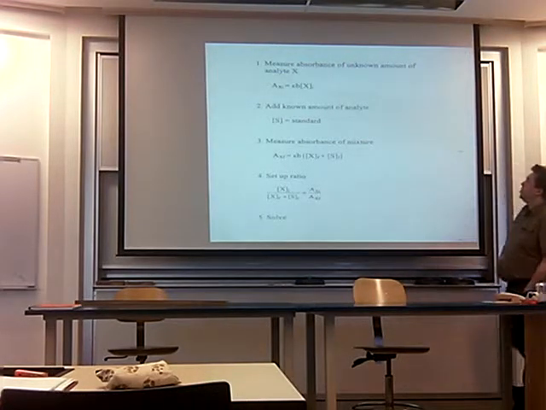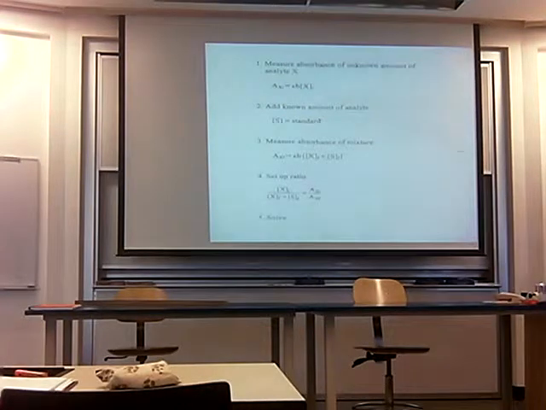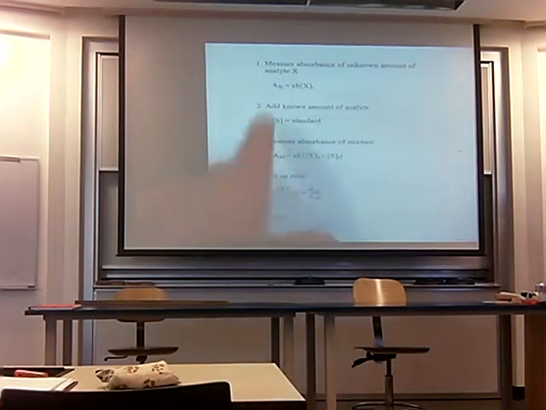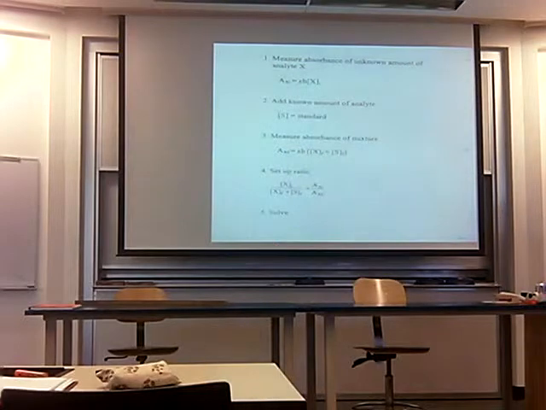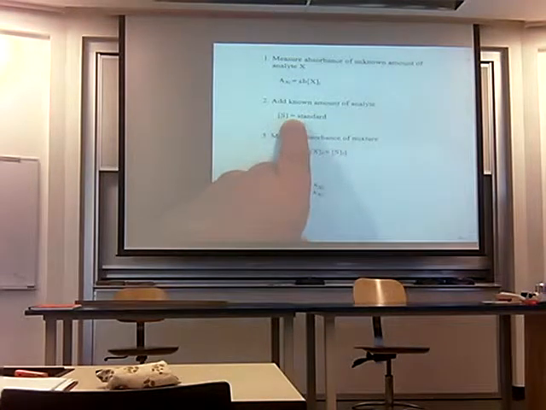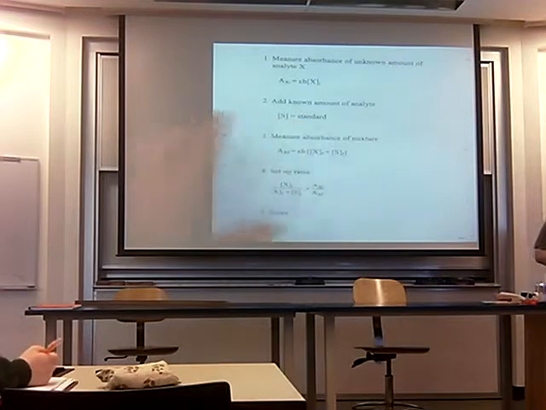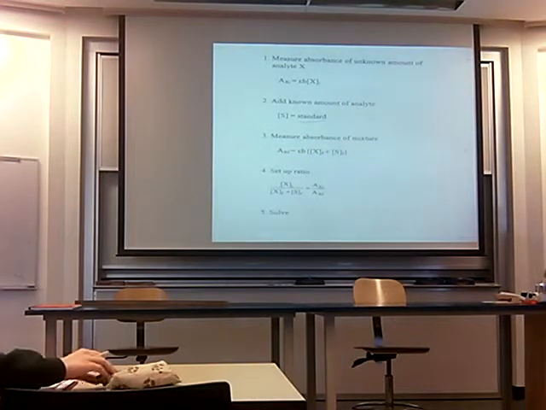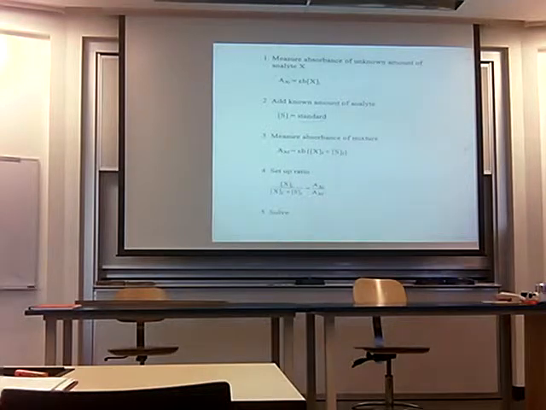So we can measure the absorbance of the unknown. We measure absorbance, that equals molar absorptivity times path length times the concentration of that species, X. We can then add a known amount of the analyte, or standard. So we're going to add some standard, and then remeasure.